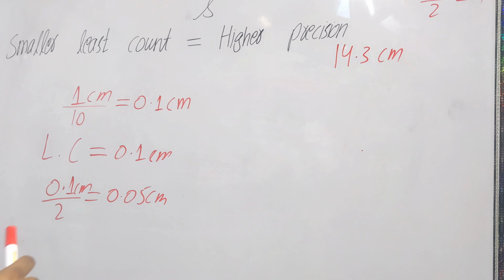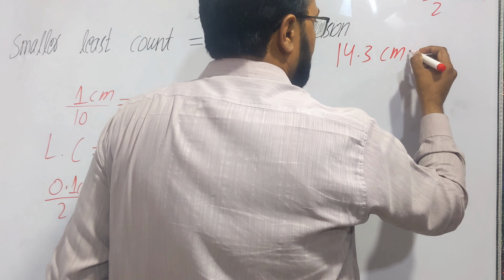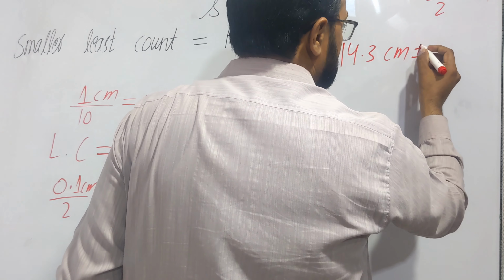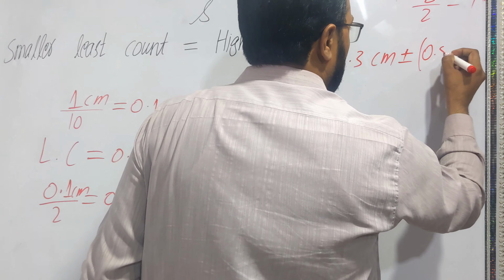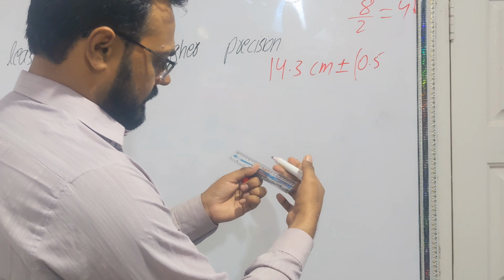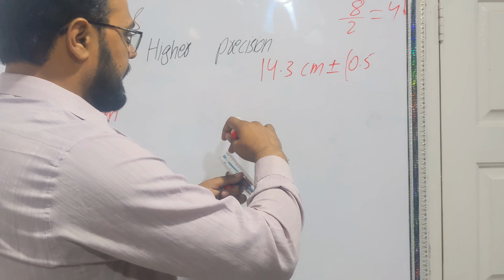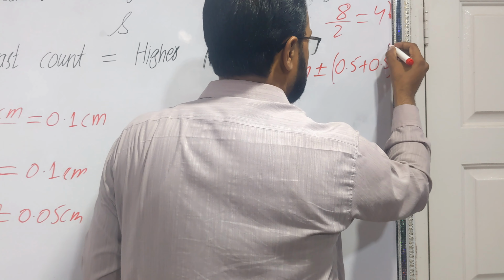In a simple way, the length might be more or less, plus or minus 0.05 centimeter at this end and the same at this end.